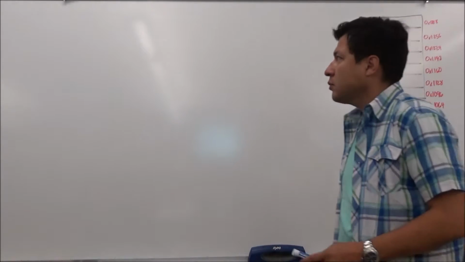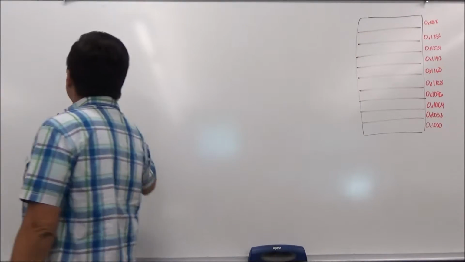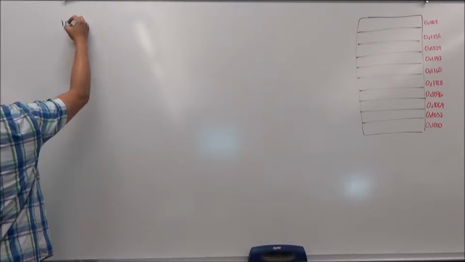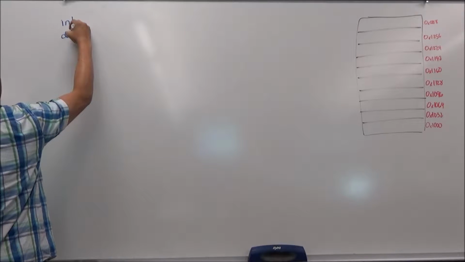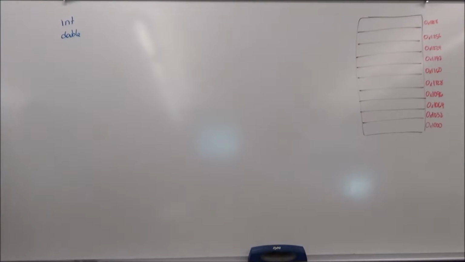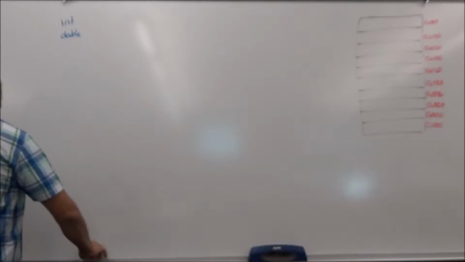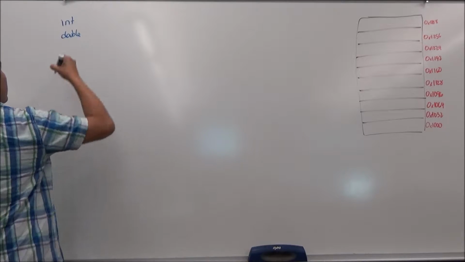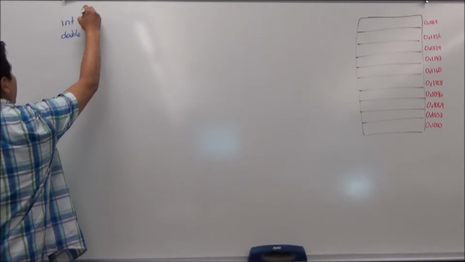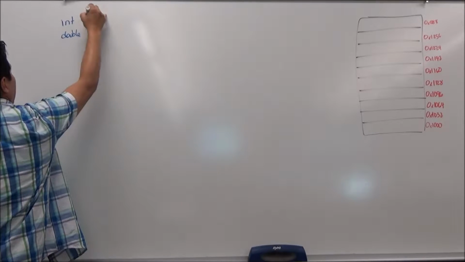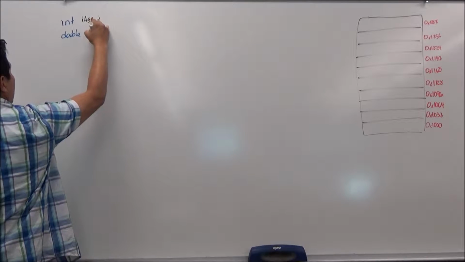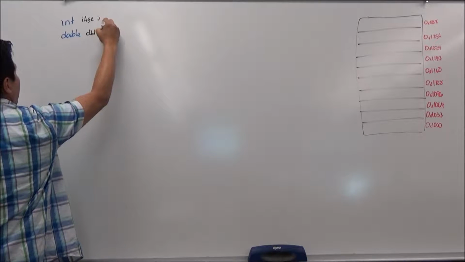So, if I declare a couple of variables, let's call this age and double pay rate.